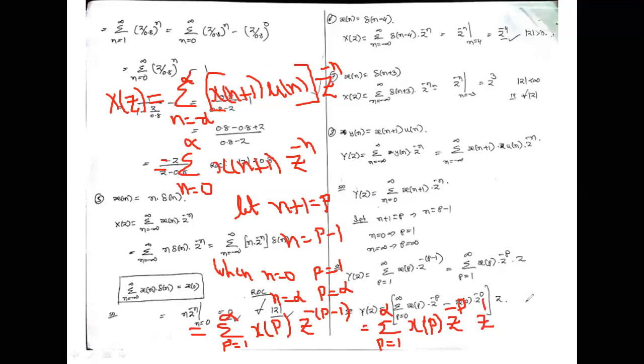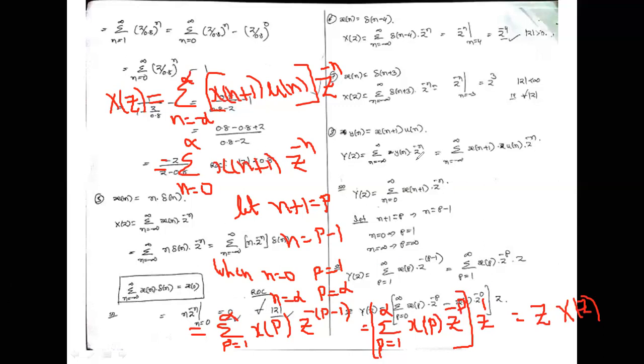Okay, my dear students. So now we can add the x of 0 term and run from 0 to infinity, and I get the unilateral z transform. This function is x of z only. Minus x of 0, so it becomes z into x of z minus x of 0, z times x of z. Got it, my dear students?